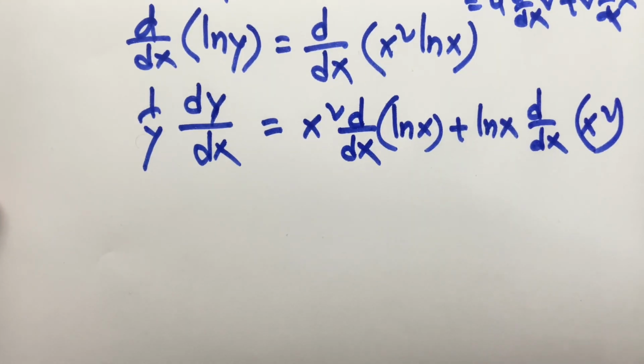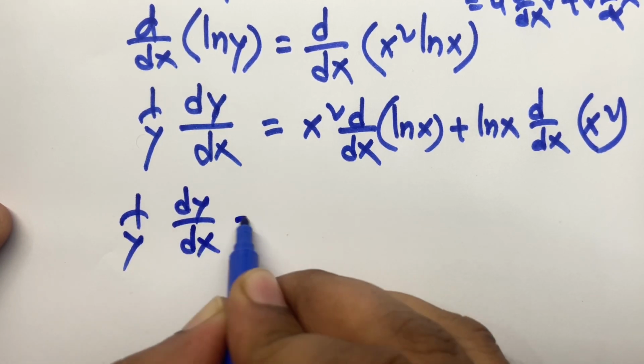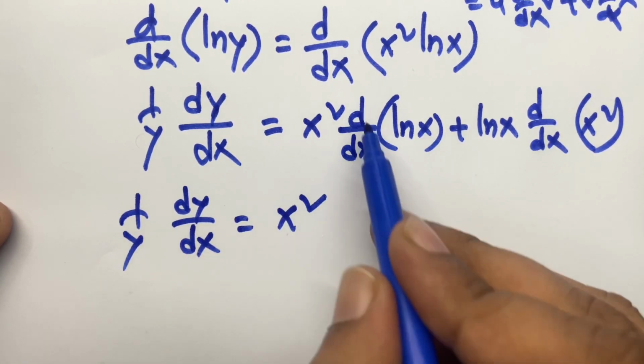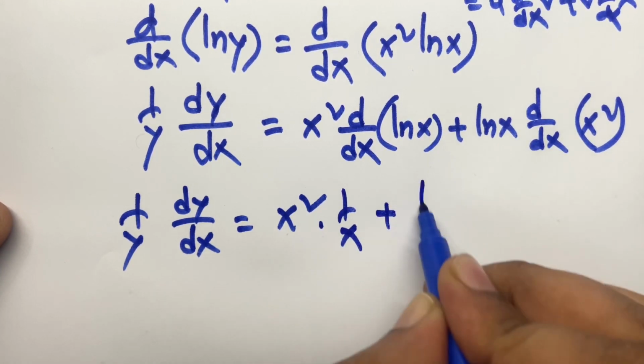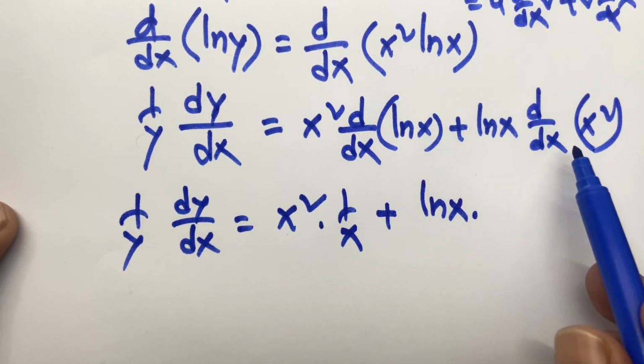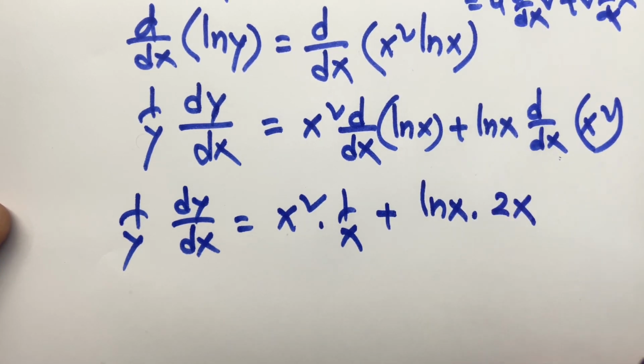Now I can say 1 over y dy by dx equal to x squared. We know that the derivative of ln x equal to 1 over x, plus ln x, and again we know that the derivative of x squared equal to twice x.